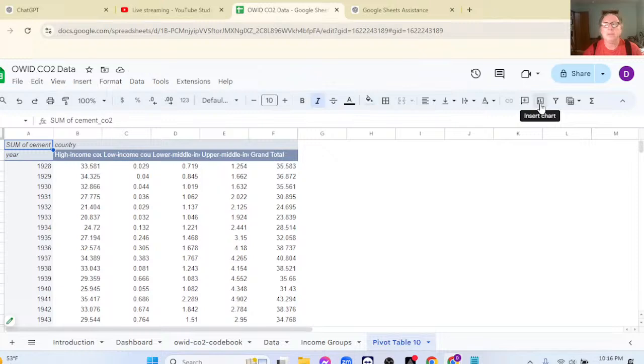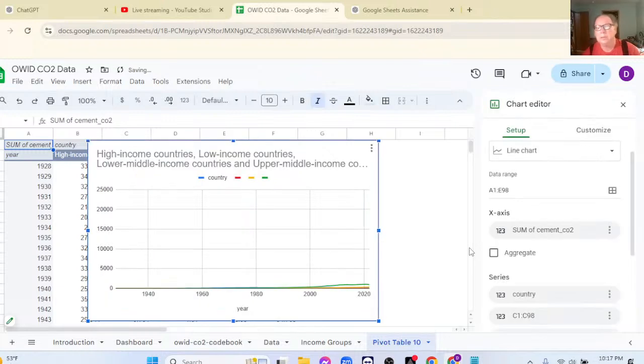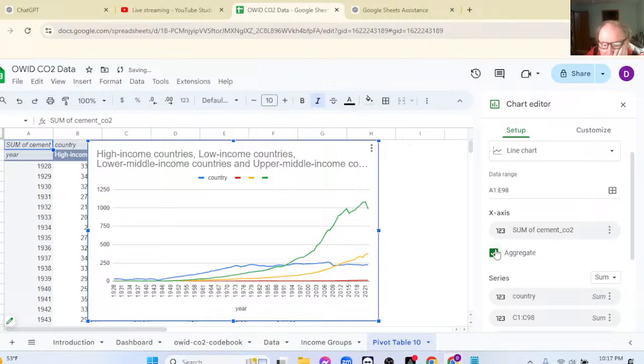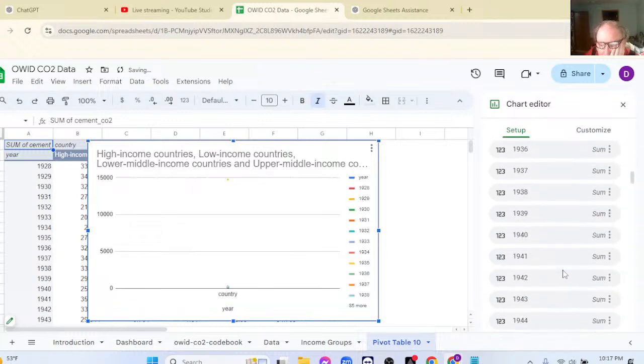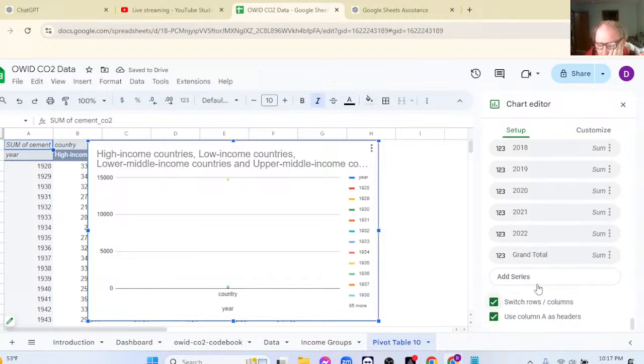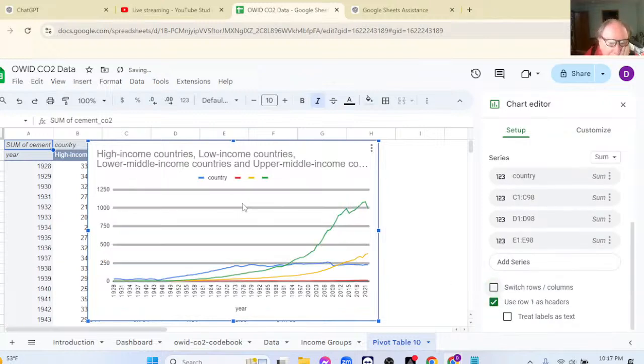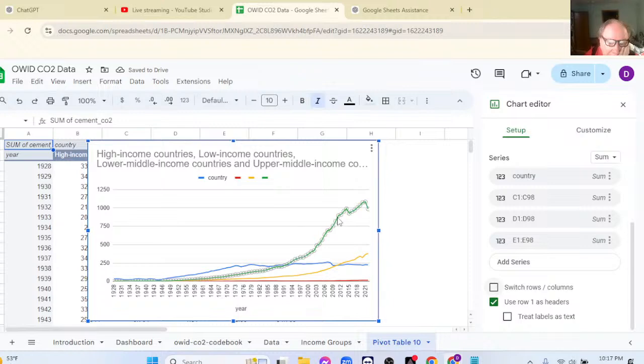Now let's see what happens. Now this is correct, except we're not getting the column headings, are we?